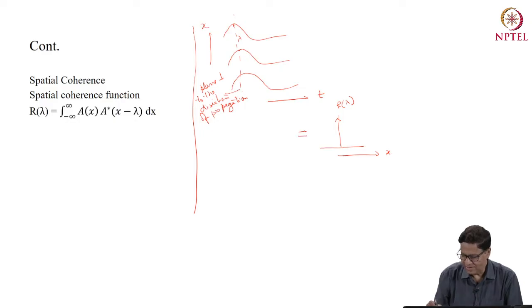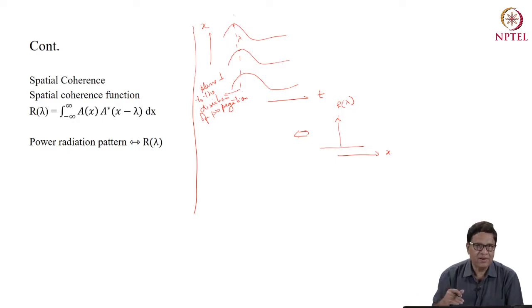And we know that the Fourier transform of the spatial coherence function tells how the power is radiated or spread, what the pattern of power in the spatial domain is, which we can call the power radiation pattern.